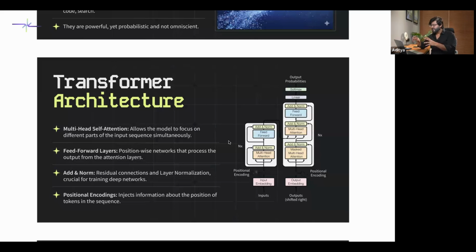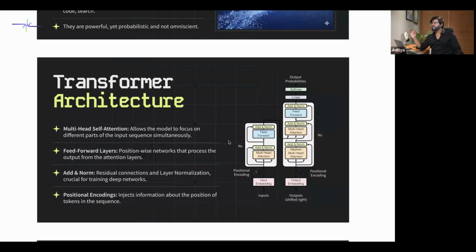We'll get into these details in much later sections. But right now, the idea is for you to at least know the words and understand some basics. We'll actually implement this at some point of time. But for the time being, just know the words. The feed forward layer is basically a token passing through a simple neural network. In add and norm, crucially, we add residual connections and layer normalization so the model trains more stably.